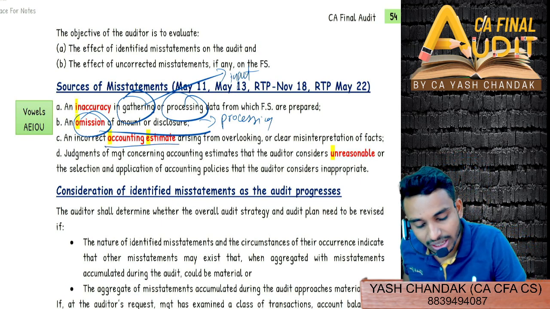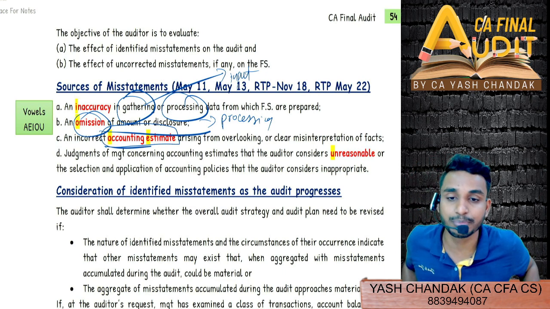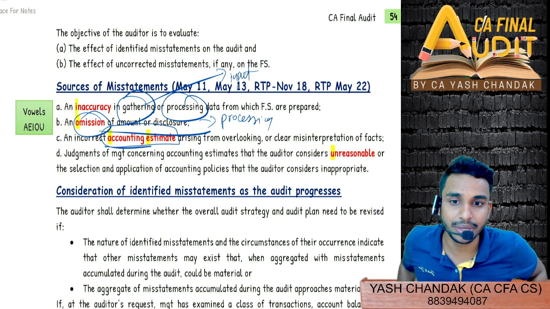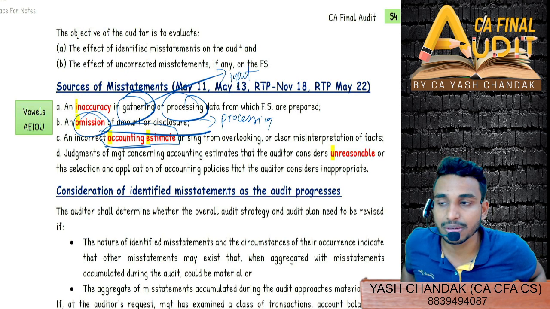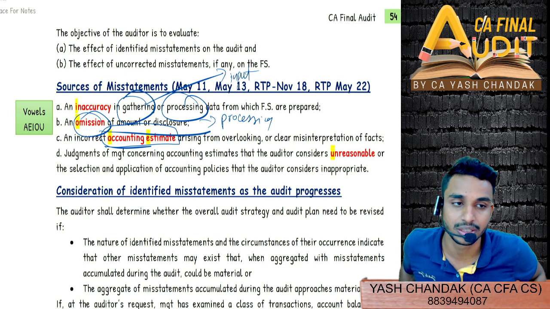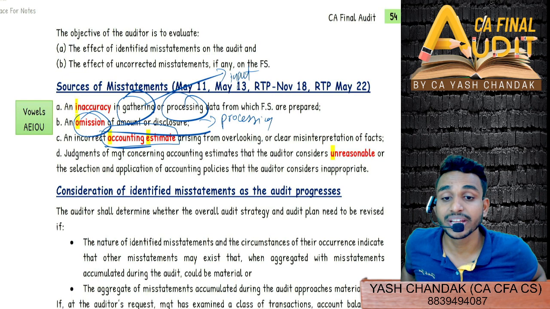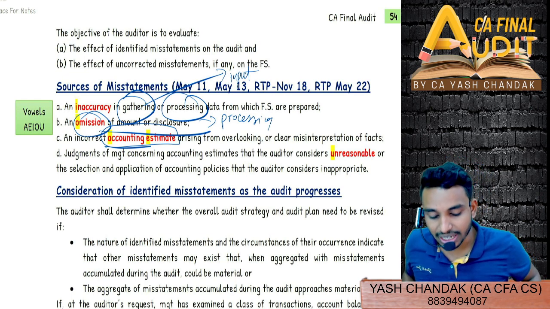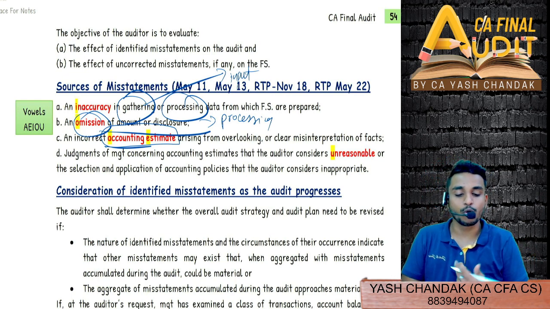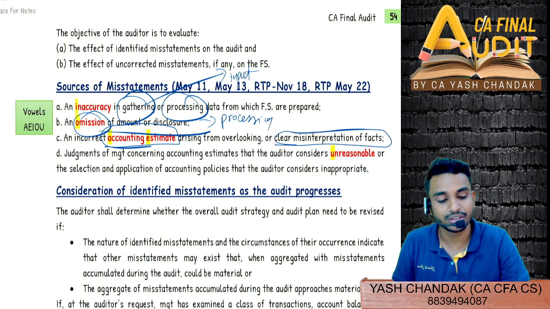An incorrect accounting estimate: suppose you should have taken 2% PFDD, but you are taking 10% PFDD. In the past, it has been seen that average bad debts were 0.5%, 0.8%, 0.6%, and now for this particular year you have taken 10%. Again, an incorrect accounting estimate arising from overlooking or misrepresentation of the facts.